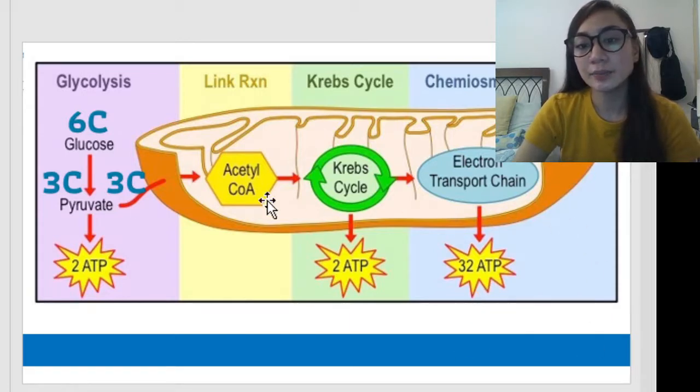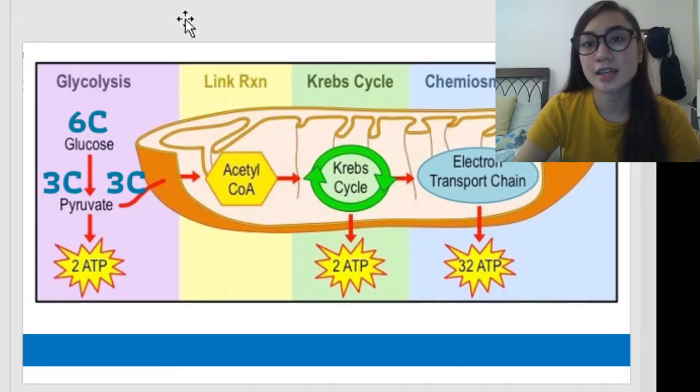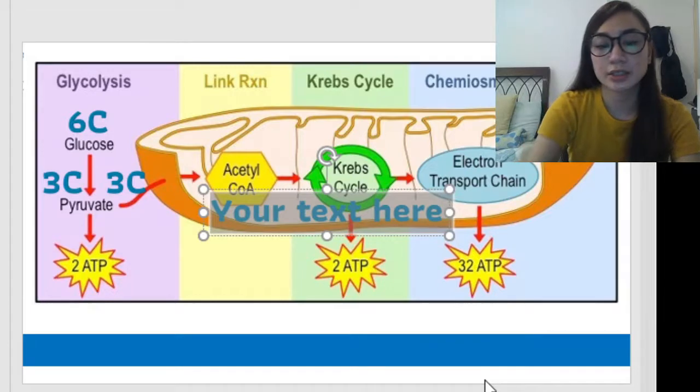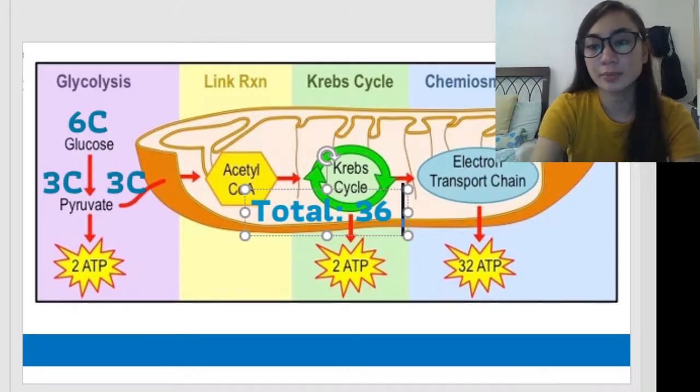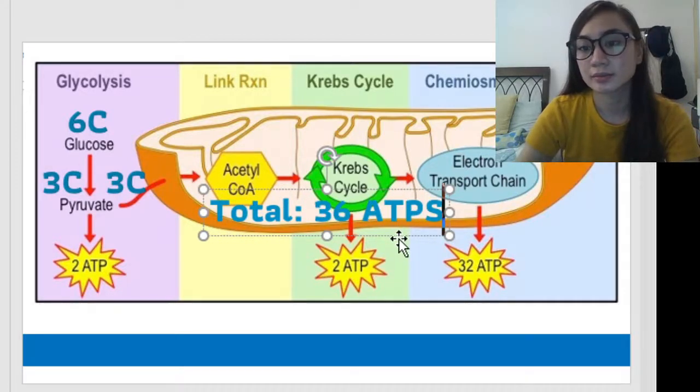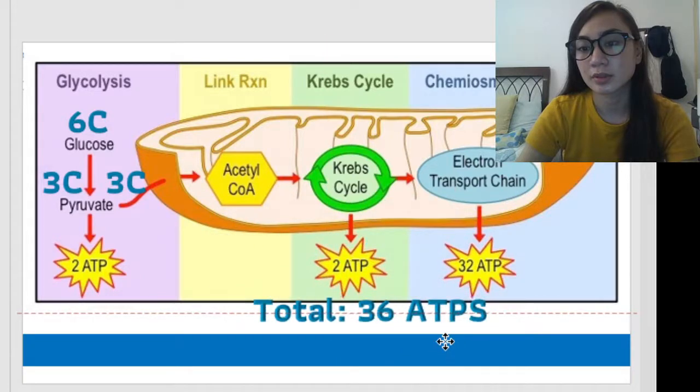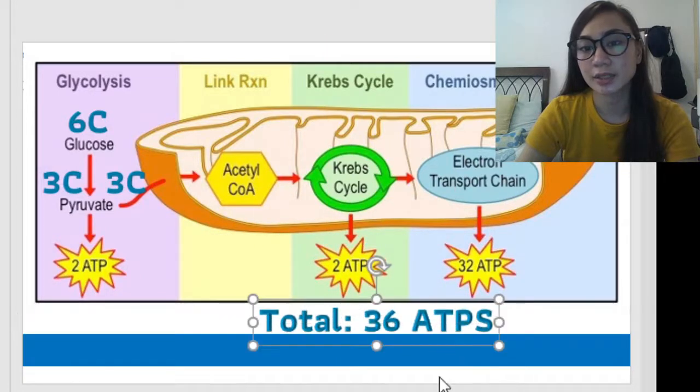So, in summary, yung buong cycle ng ating glucose breakdown, it will produce automatically 36 ATPs. Total is 36 ATPs.